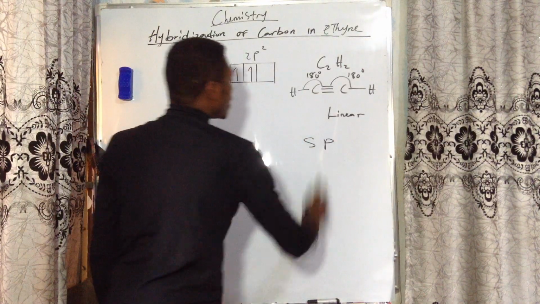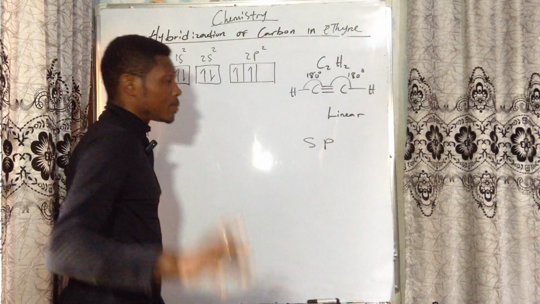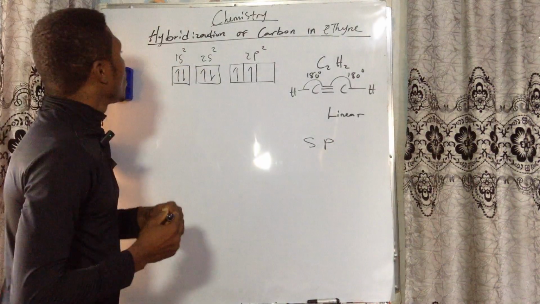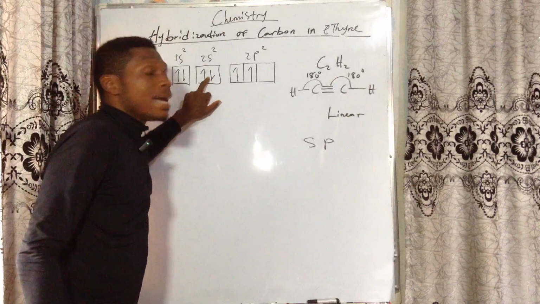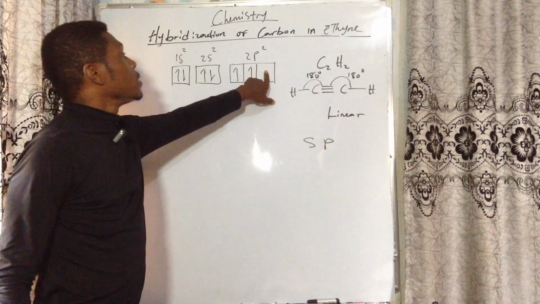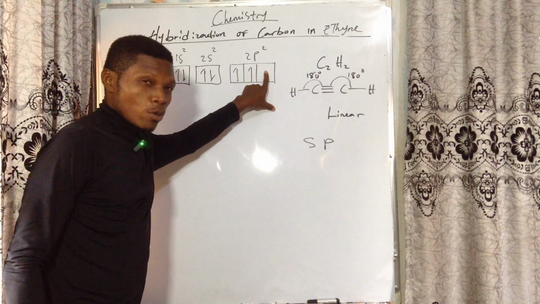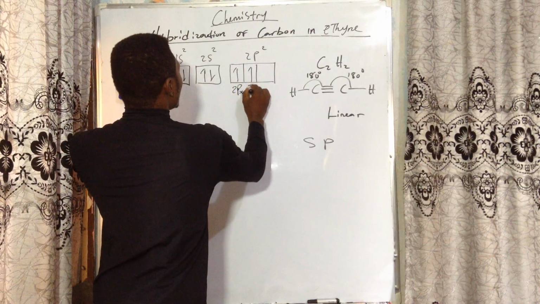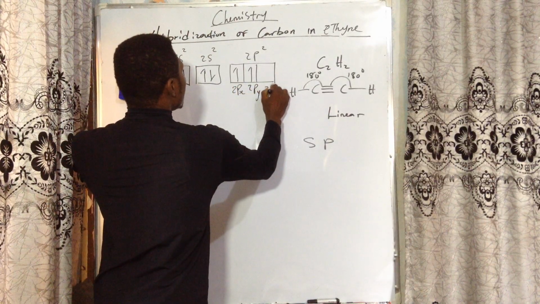sp hybridization. The hybrid orbital is sp, meaning that one electron from the s orbital will be promoted to the 2pz orbital. Remember, this is 2px, this is 2py, this is 2pz.